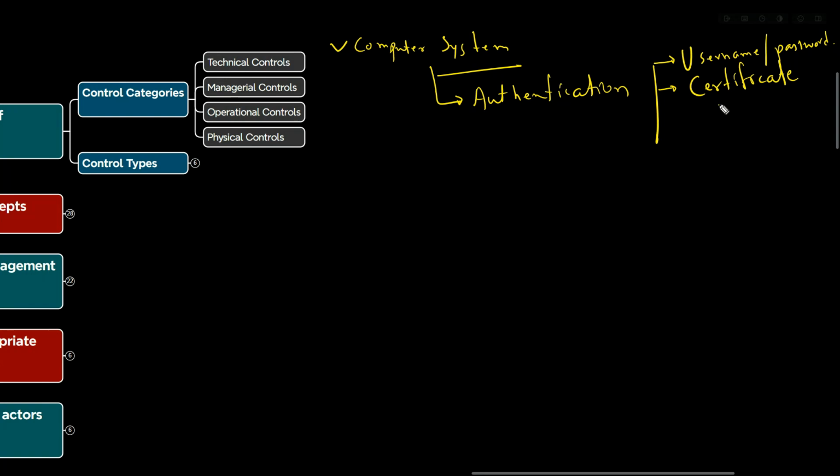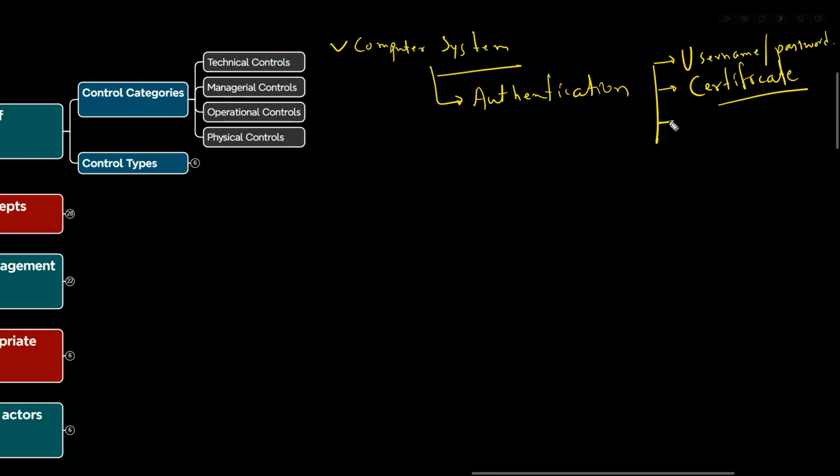In certificate based authentication, you will be prompted with the server or device certificate. Once you authorize it, then you can get access. You have to verify if the certificate is correct or not. Just like when you visit google.com, you get a prompt on the top, and you can validate it. If the server certificate is not valid or maybe expired, you get a red flag. So these are authentication examples.